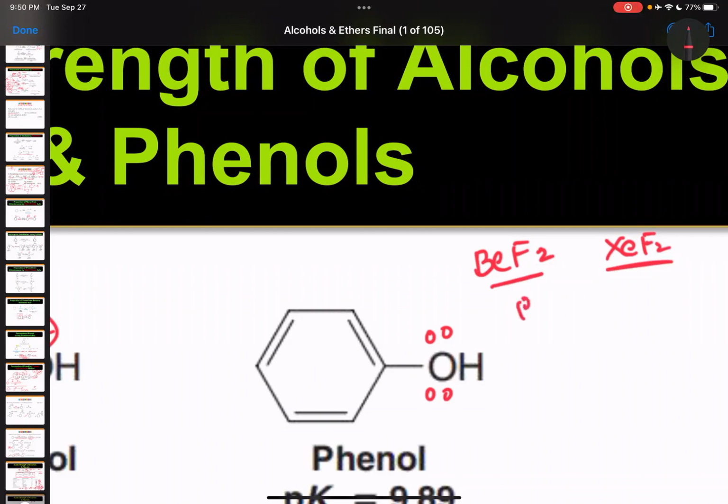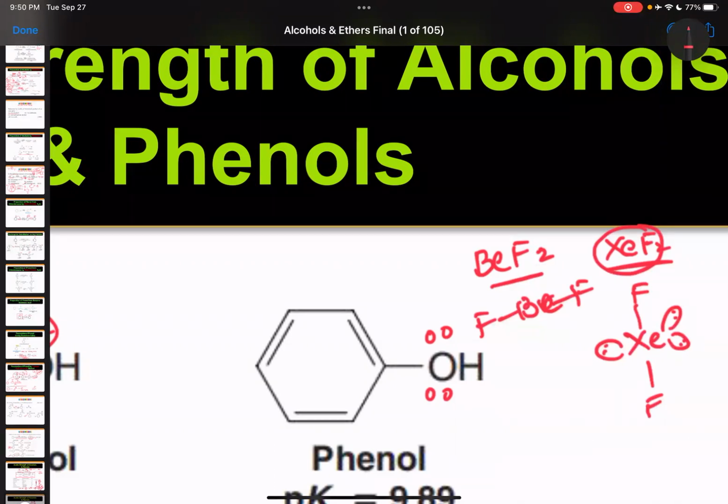But when you look into the details, beryllium fluoride is like this and HCF2 is like this. Is it clear? The examiner may not show you the lone pair, so make it a habit to check if there are lone pairs on the central atom, because that is going to affect many of your answers.